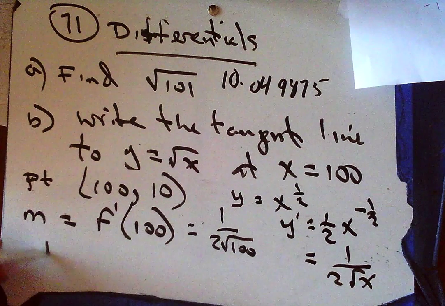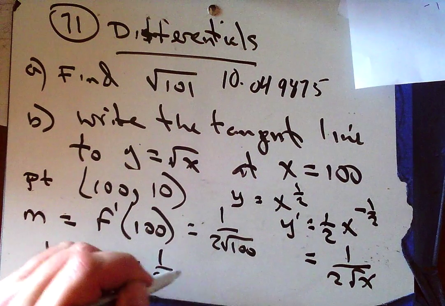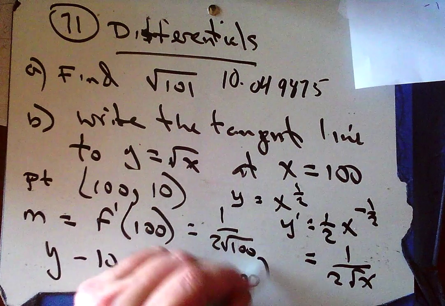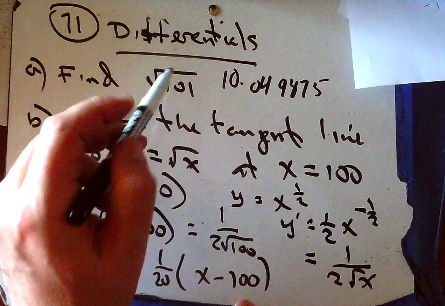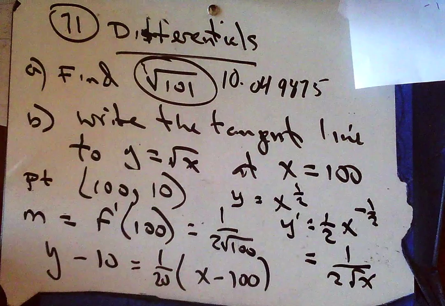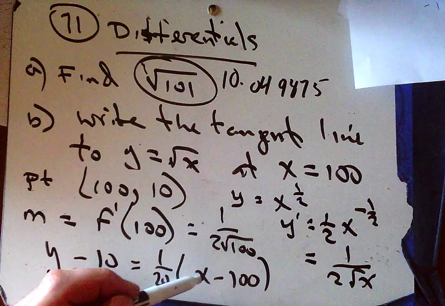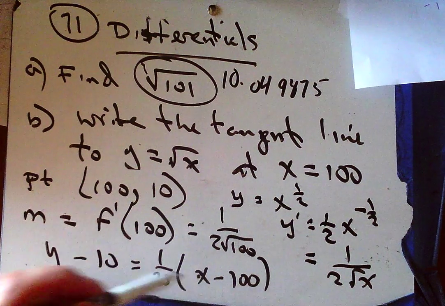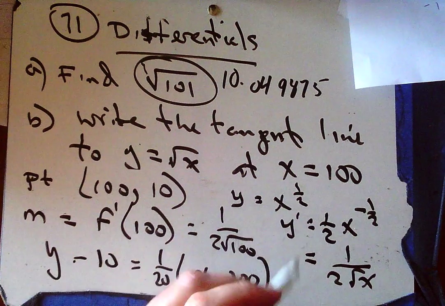So my tangent line, y minus 10 equals 1 over 20 times x minus 100. And you could certainly distribute here, but remember what we're looking for is the square root of 101. So if I plug a 101 in here, 101 minus 100 is 1. 1 times 1/20th is 1/20th, and then I'm going to add 10 to both sides.